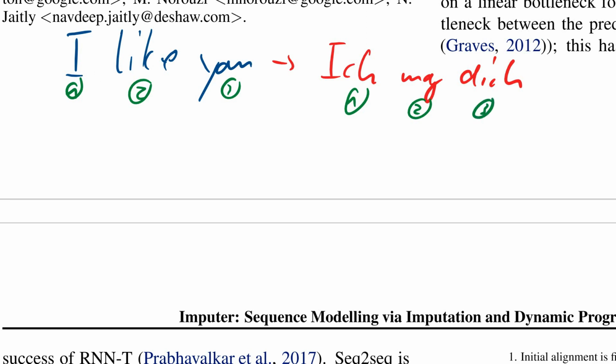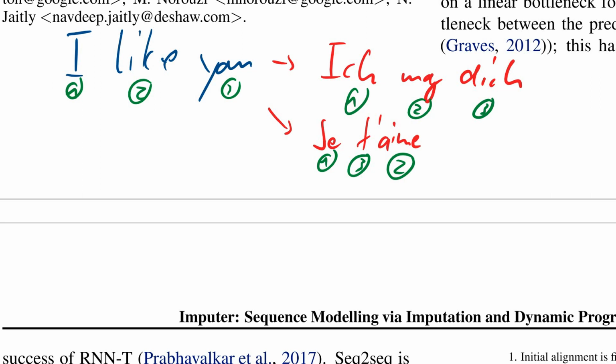Different languages have different sentence structures. So, for example, in French, this would be je t'aime. And you can see that the first word is still the first word. However, the third word, the you, has become the second, and the verb goes to the end. So the Imputer would not be able to deal with this task very well.